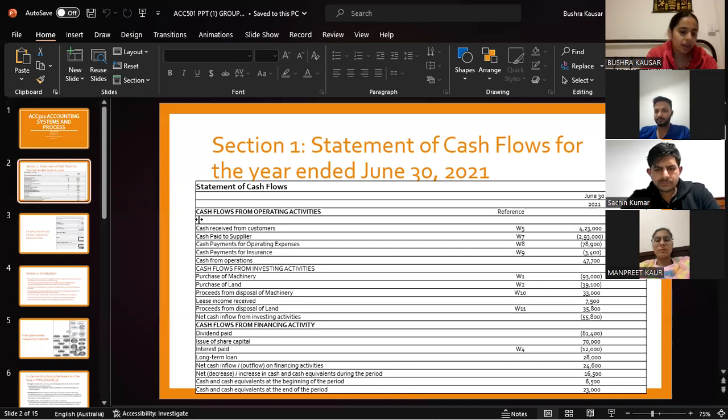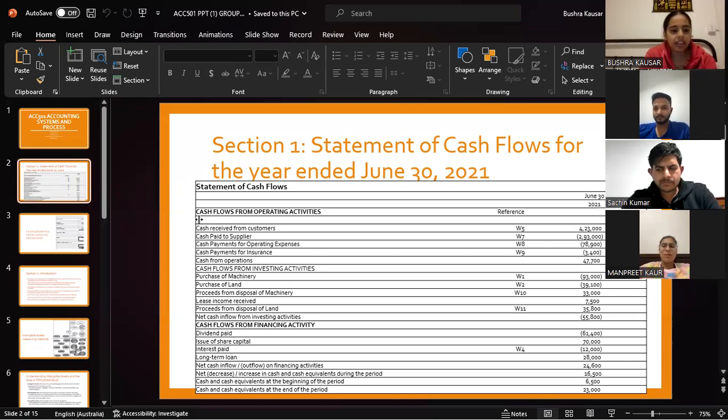The company issued shares amounting to 70,000, borrowed 28,000, paid out dividends of 61,400, and paid interest of $12,000, which indicates that the company has raised more funds from shareholders and creditors than it has returned to them.